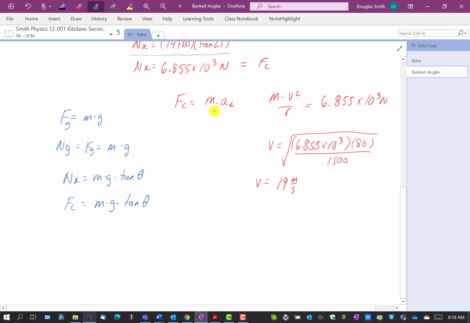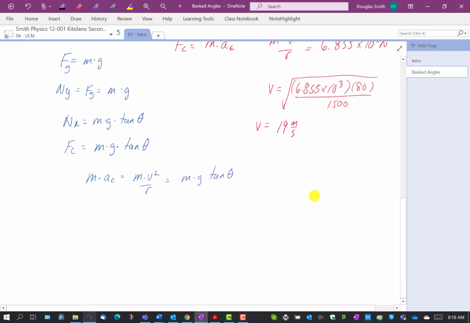Then that's equal to m ac. So we have m times ac, which is m times v squared over r, and that's equal to mg tan theta. And those masses cancel out. v equals the square root of g tan theta times r.